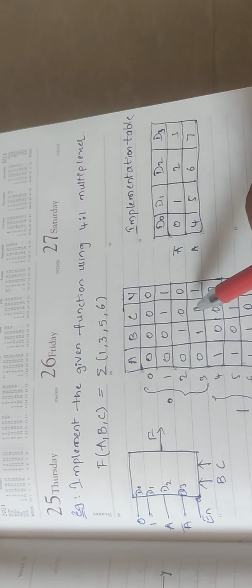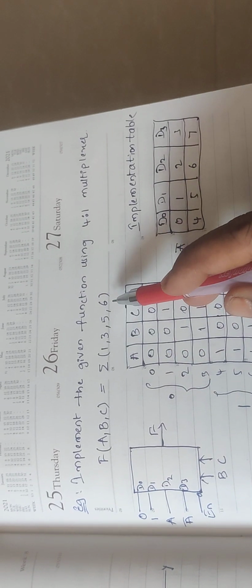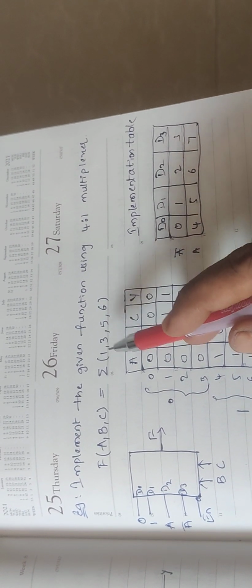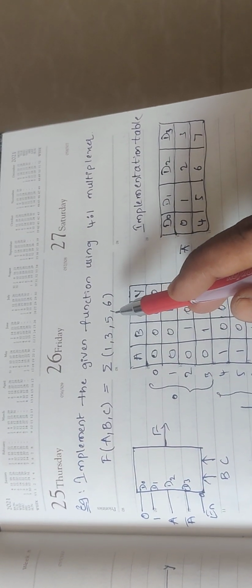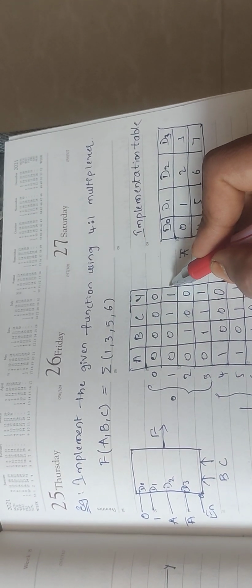001, and for the column y, whatever the decimal numbers they are given in the equation, for those numbers we put the 1 in that place.